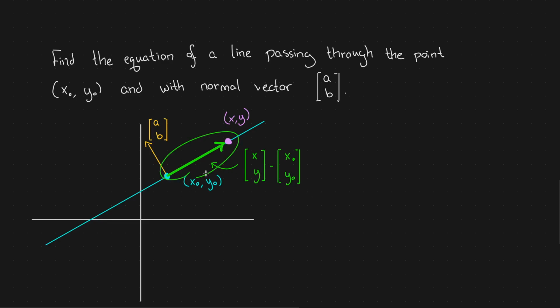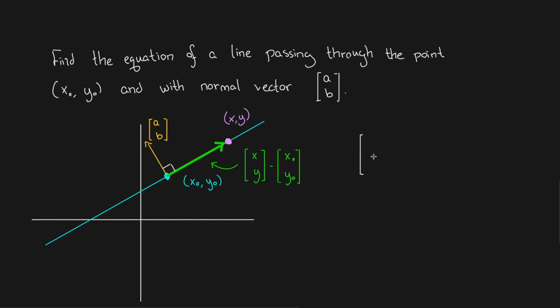This vector that's parallel to the line, to get that vector, I take where it ends up minus where it starts. End minus start. And so this vector, together with the normal vector, are going to be orthogonal.